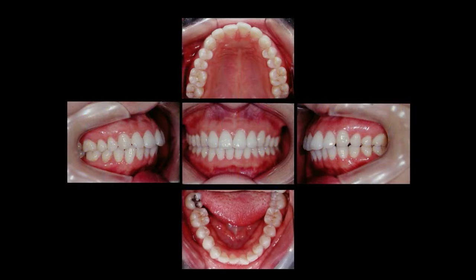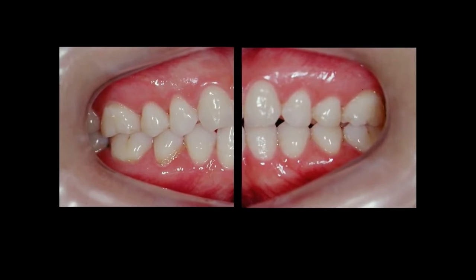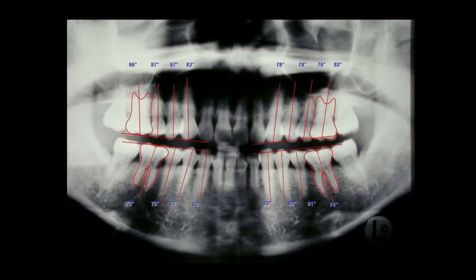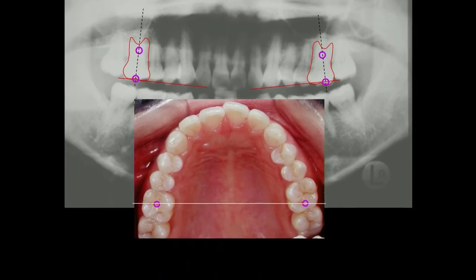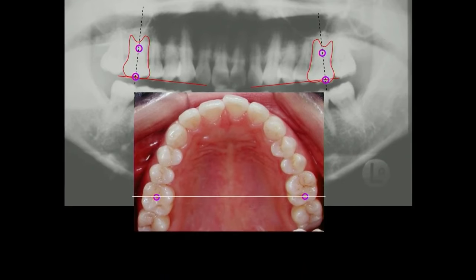This patient shows differential molar relationship, class 1 on the right side and class 2 on the left side. If we take a look at the patient's panoramic view, the upper left buccal segment has been tipped to the mesial side, so that the location of the center of resistance is relatively symmetrical.